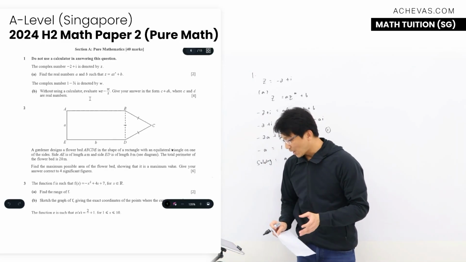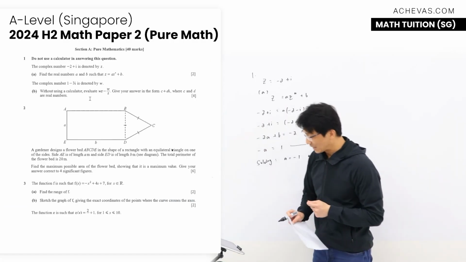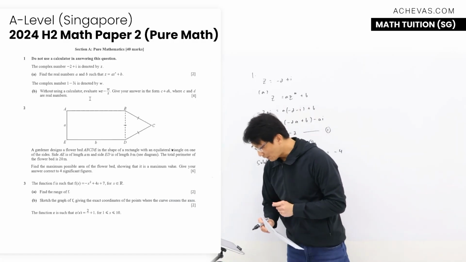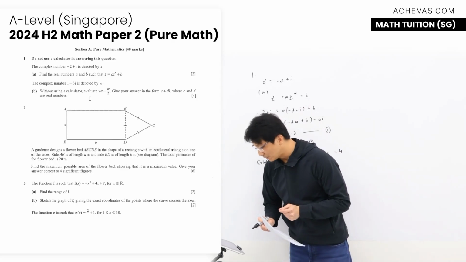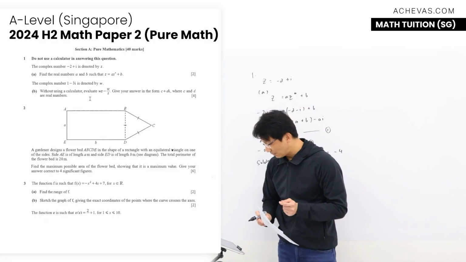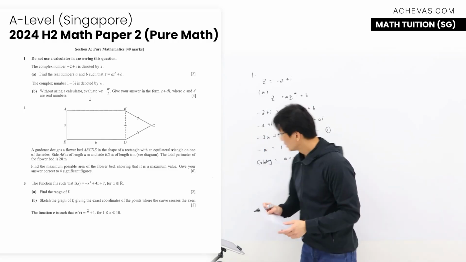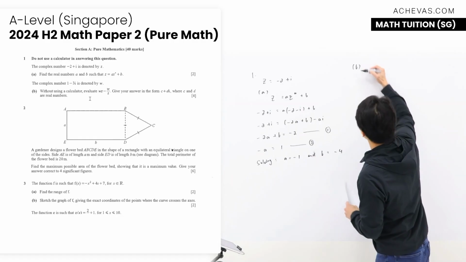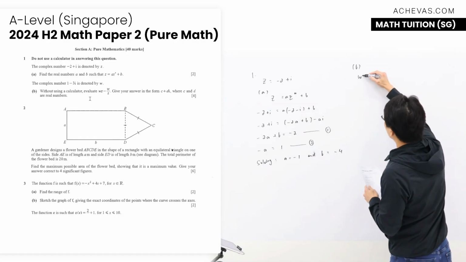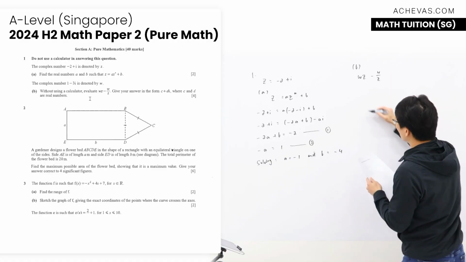For part B, we are given a complex number w = 1 - 3i. Without using our calculator, evaluate wz - w/z, giving your answer in the form of c + di, where c and d are real numbers. Part B, we have wz - w/z.